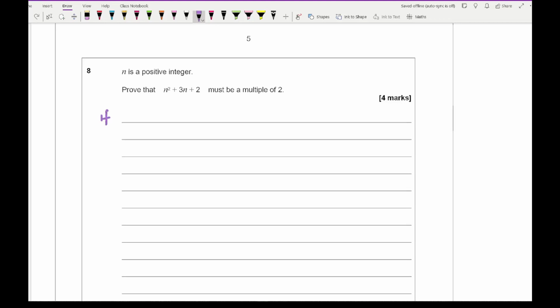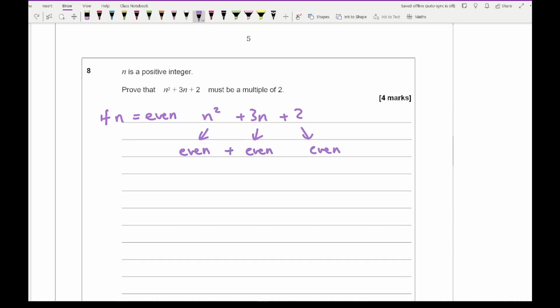So here, if n equals an even number, then n squared plus 3n plus 2: well, an even number squared is always even. 3 times an even number is going to be even, and 2 is even. So an even plus an even plus an even is always going to equal an even answer. And if it's even, then it's going to be a multiple of 2.